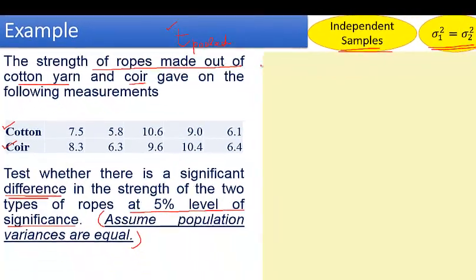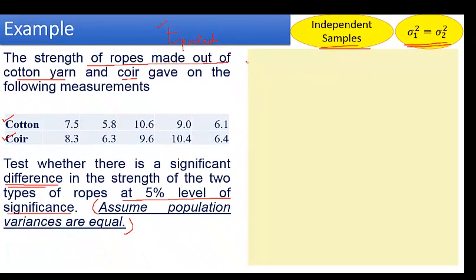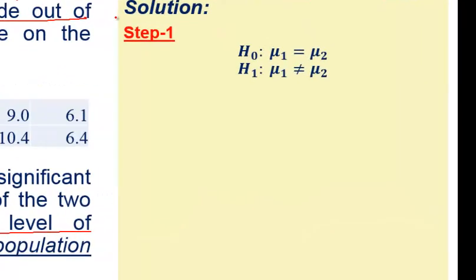So let us just go and build the null hypothesis and then the alternate hypothesis. Here we go. The null hypothesis states that the strength of ropes made out of cotton yarn, the first group, is equal to the strength of ropes made out of coir yarn.